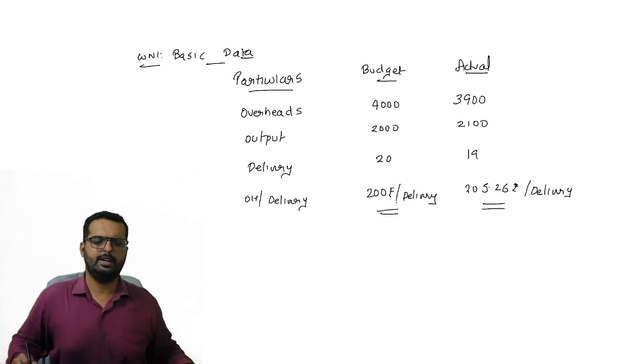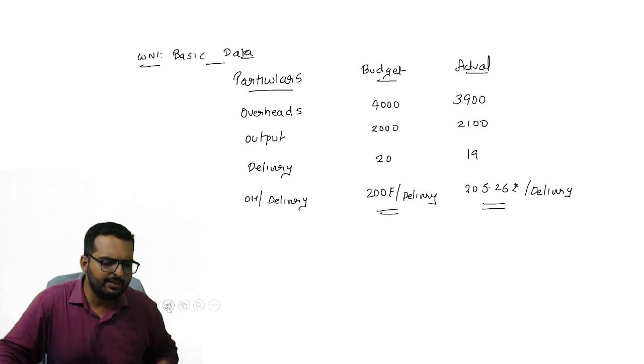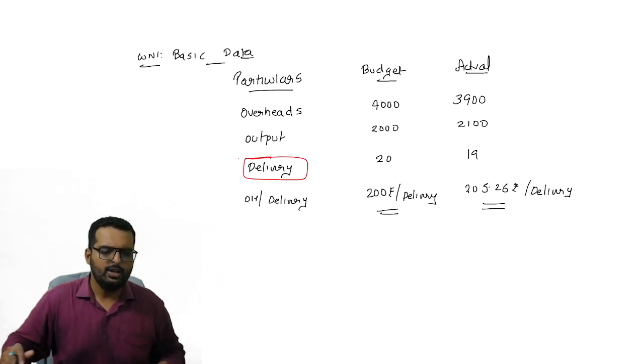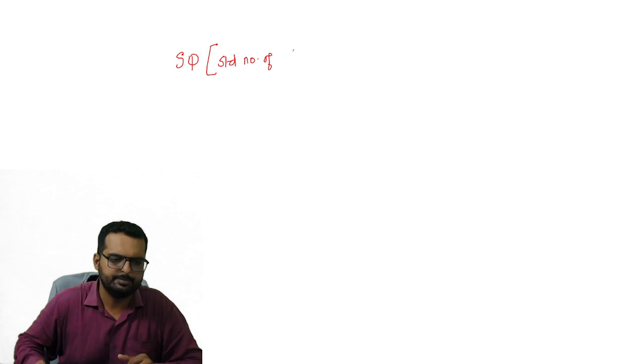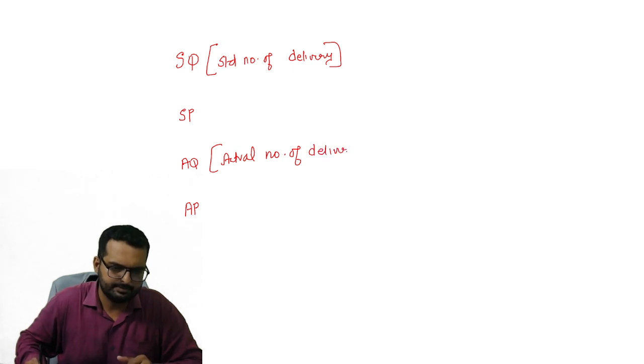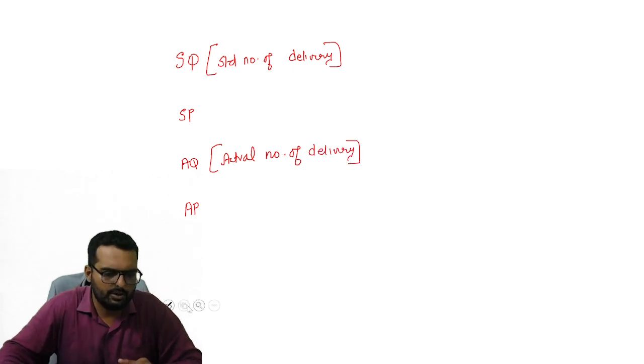Now, friends, here the main activity that we are talking about is what? Delivery. All right. So we need to find out SQ, that is the standard number of deliveries. Then we should have SP, AQ, and AP. This will be the actual number of deliveries. Are you all clear so far?